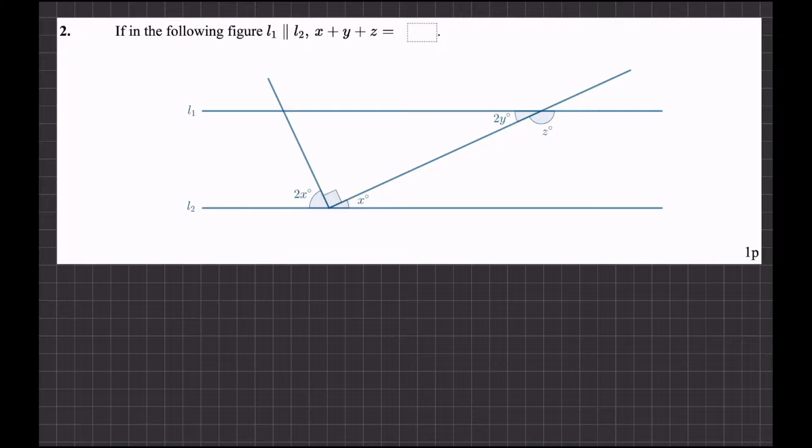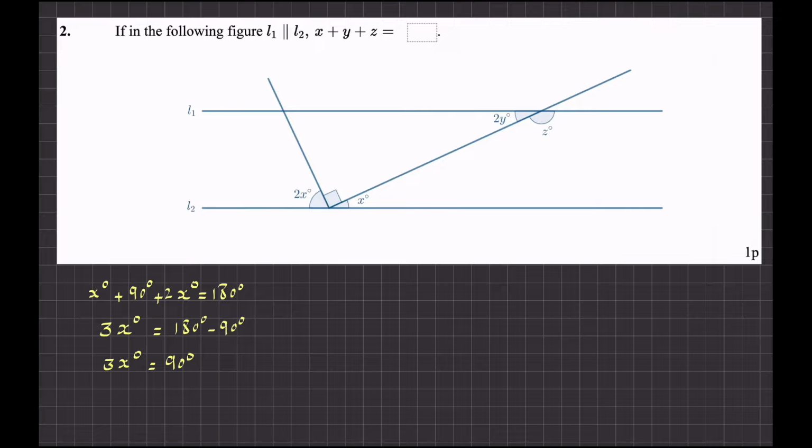So the first thing that I will do, I would write x degrees plus 90 degrees plus 2x degrees is 180 degrees. x degrees plus 2x degrees becomes simply 3x degrees, and I move 90 to the other side, make it negative. It becomes minus 90 degrees. So 3x degrees becomes equal to 90 degrees.